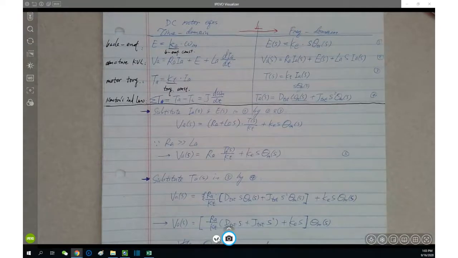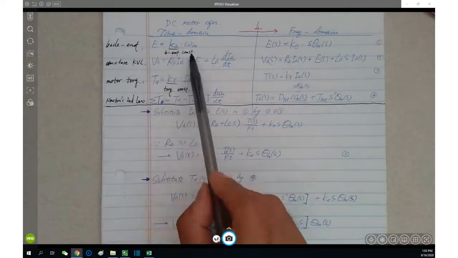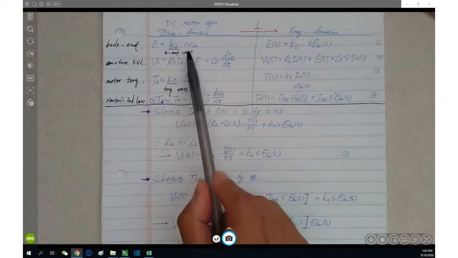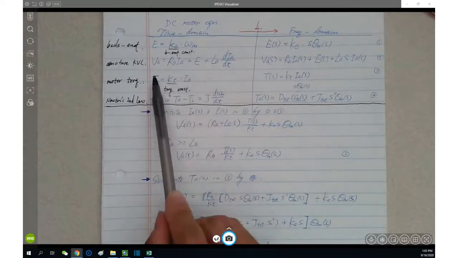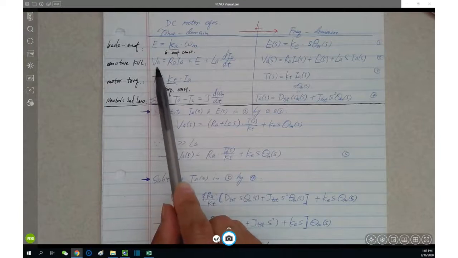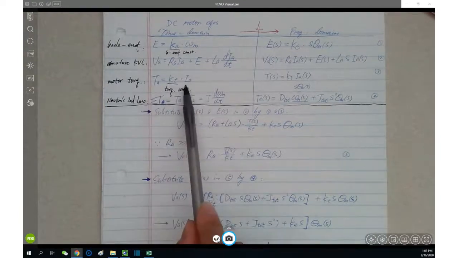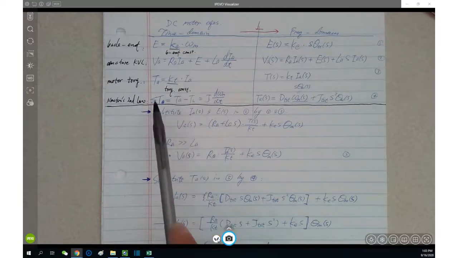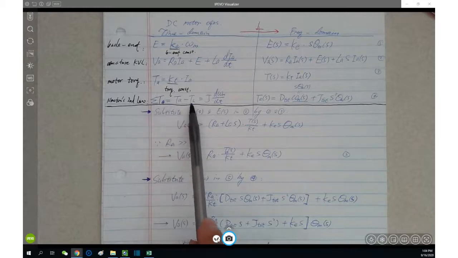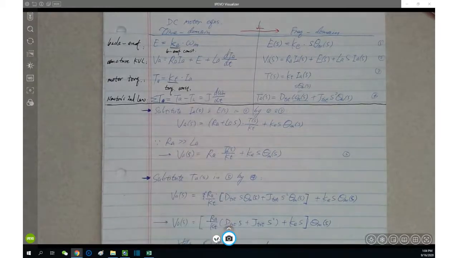For example, the back EMF equals a constant times the speed, and this is the armature KVL equation. Also, the motor torque is proportional to the armature current, and the mechanical part of the system is the net torque equals the inertia times the derivative of the speed, etc.